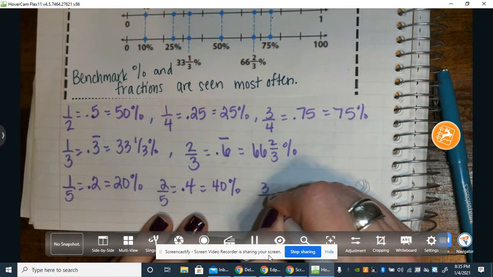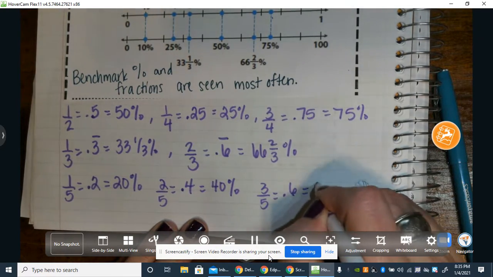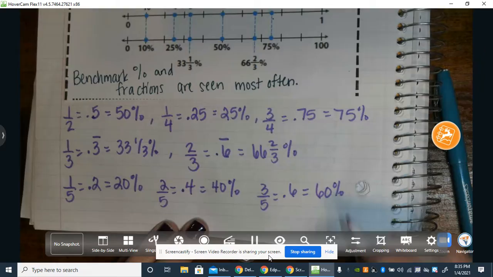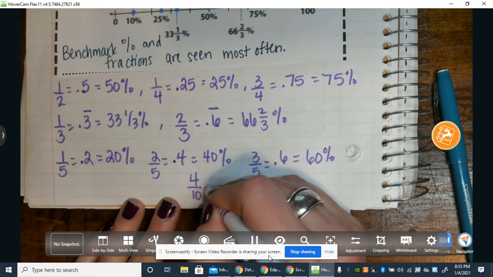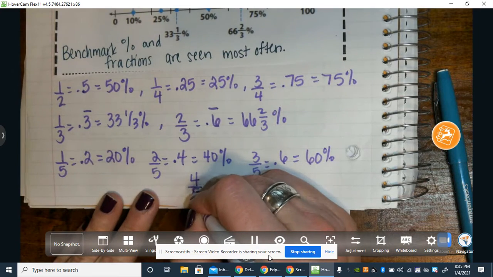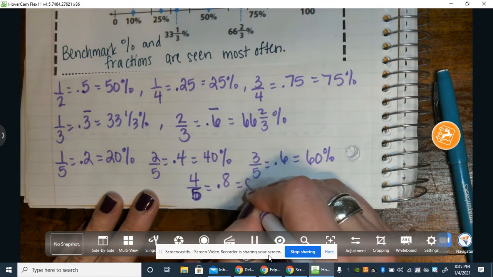We have 3/5, which is 6/10, which is 60%. And finally, we have 4/5, which is 8/10, which is 80%.